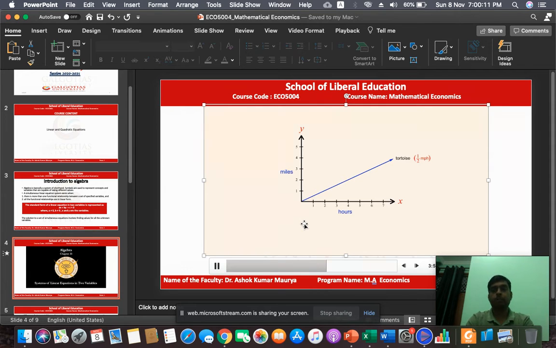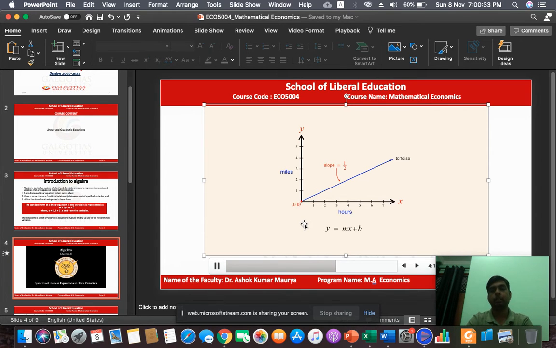So here we will make an equation of a straight line of tortoise. Because it is graphically represented, we can say that the slope will be 1 by 2 because the speed of tortoise was half mile per hour.